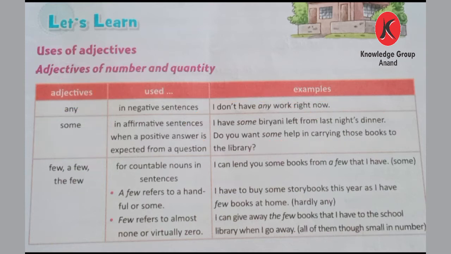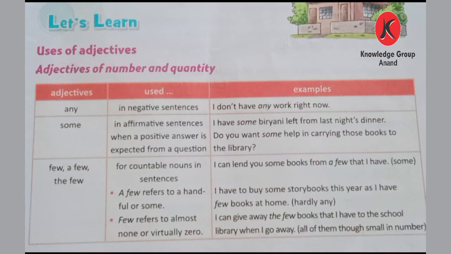And for a positive answer from a question: do you want some help in carrying those books to the library? Both sentences are examples of the adjective of number, some.